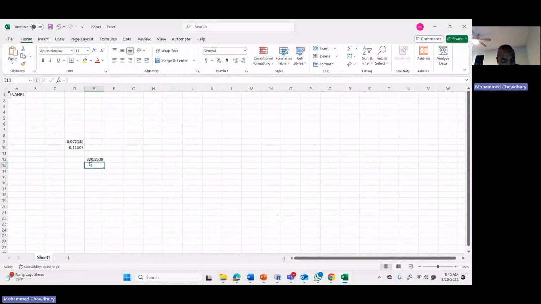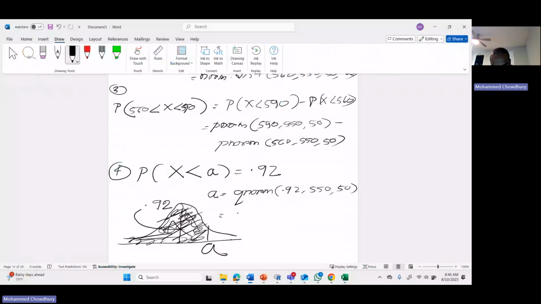You will get 620.24. So let me write here 620.24, and the Excel formula is norm.inv with 0.92, 550, and 50.